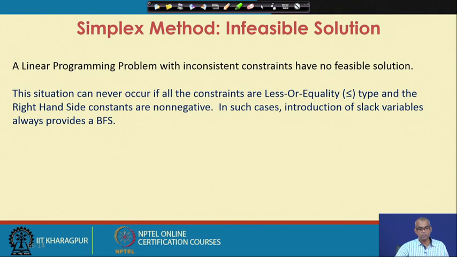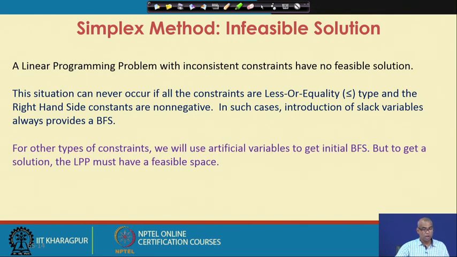This situation can never occur if all the constraints are less-than-or-equal type and the right hand side constants are non-negative, because in such cases we have already seen that the introduction of slack variables always provides a basic feasible solution. For other types of constraints, we will use artificial variables to get an initial basic feasible solution.